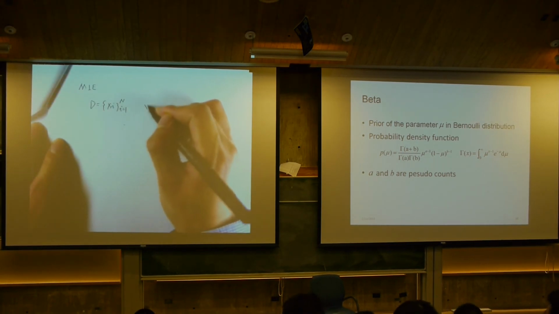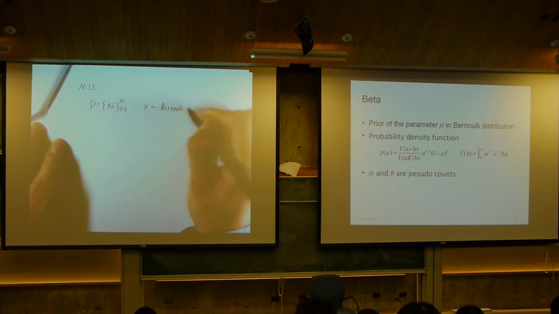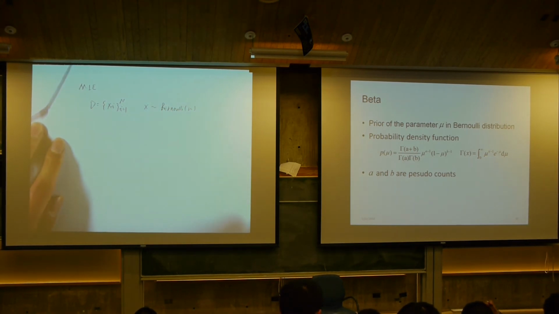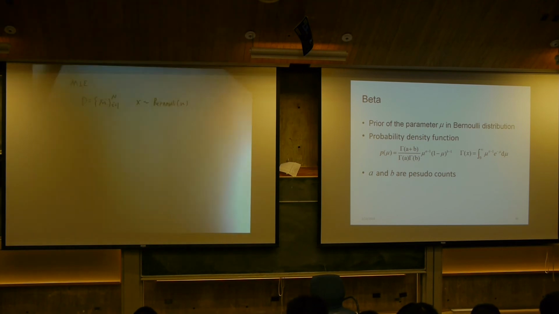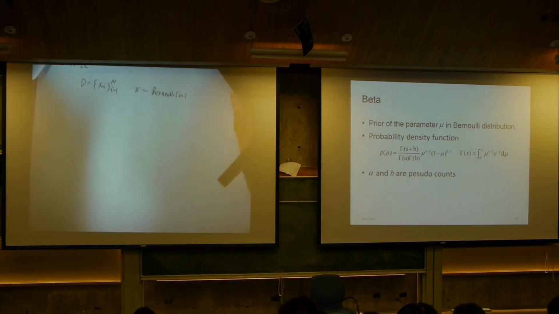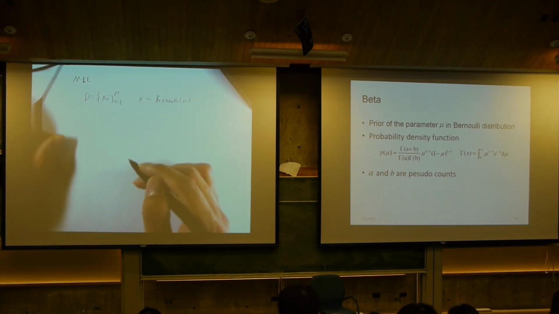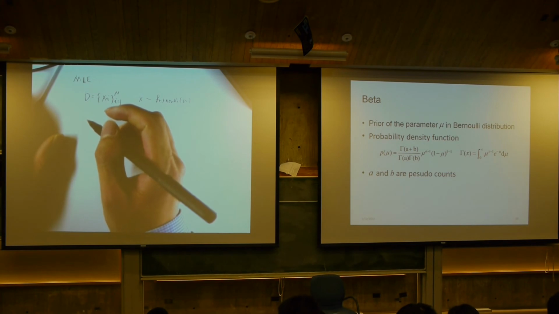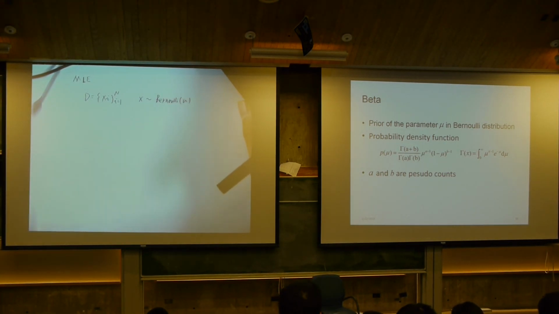Each sample x is drawn from a Bernoulli distribution parameterized by mu. Now we want to estimate the value of mu from the data D.